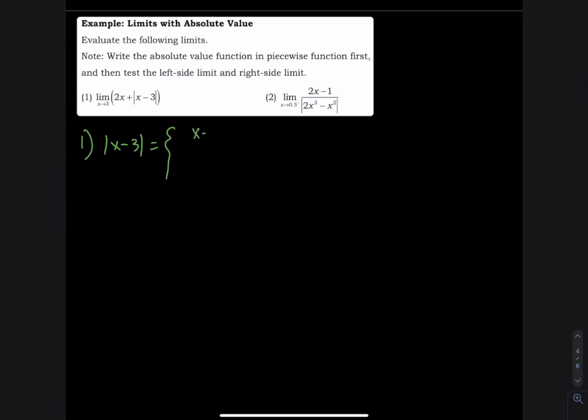We have x minus 3, we have negative x minus 3. And then this is if x minus 3 is greater than or equal to 0. This is if x minus 3 is less than 0. One piece on the right side of 0, one piece on the left side of 0.